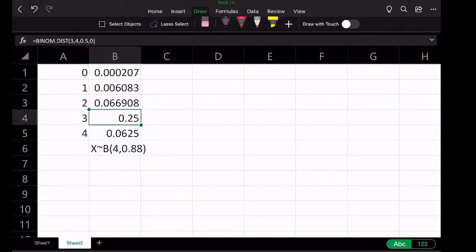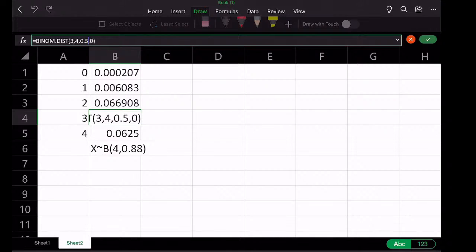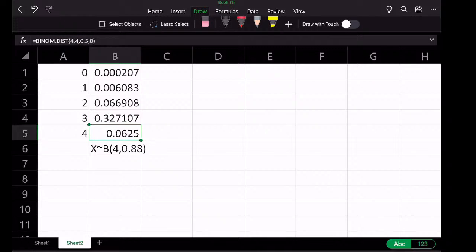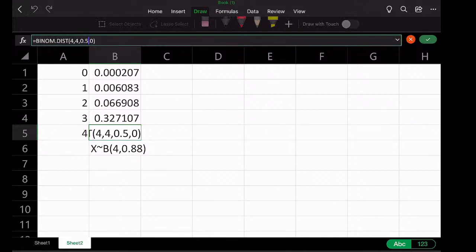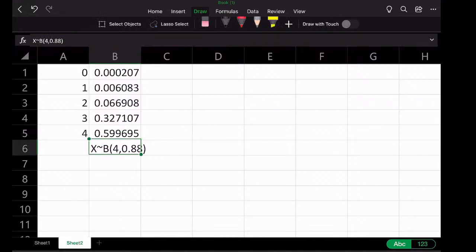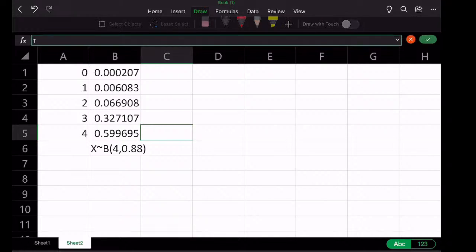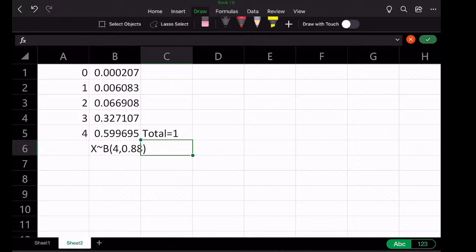See, it's just a mess. But they do all add up to 1. They should add up to 1 total. Okay, not symmetric.